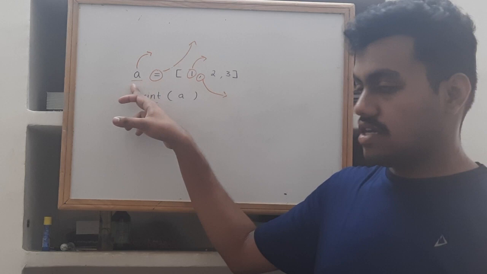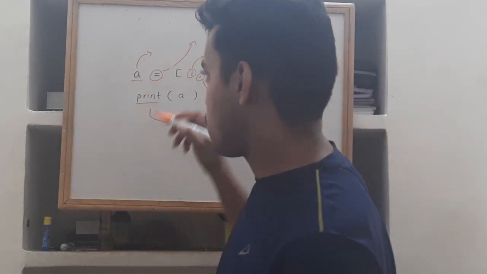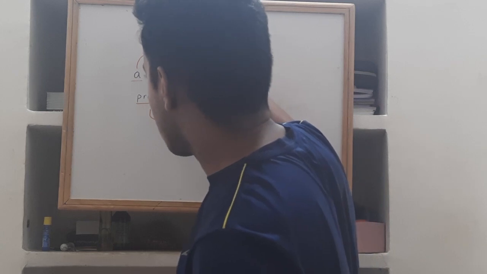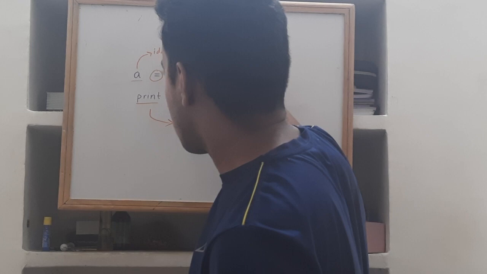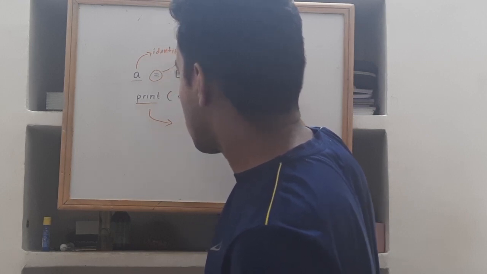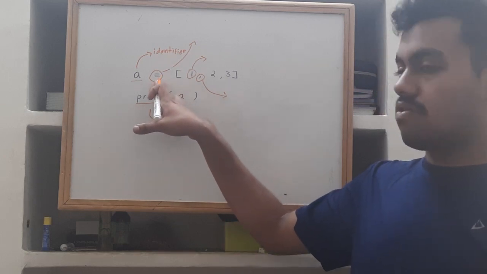This is a variable. It's giving it a name. That's why it's called an identifier.